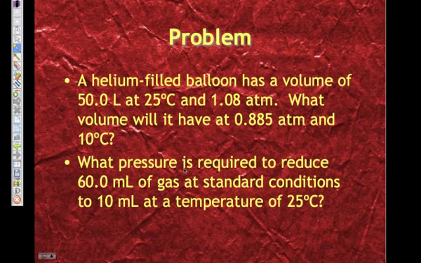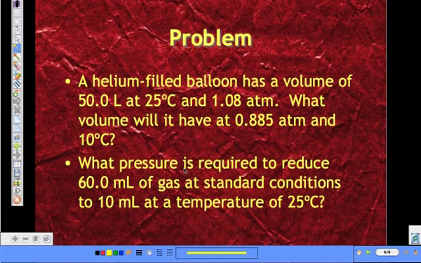So there will be times that all three variables are changing, and we'll have to calculate that, but sometimes it's just two. So if we have a helium-filled balloon with a volume of 50 liters at 25 degrees Celsius and 1 atm, we're looking for the volume, and the pressure has changed and the temperature has changed. We are going to use the combined gas law.